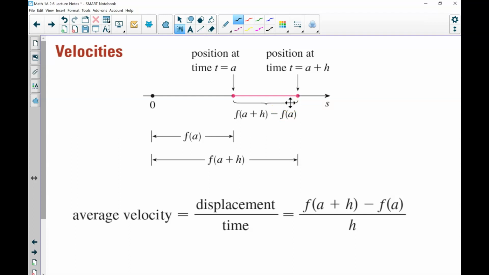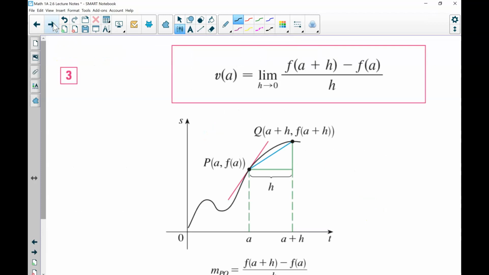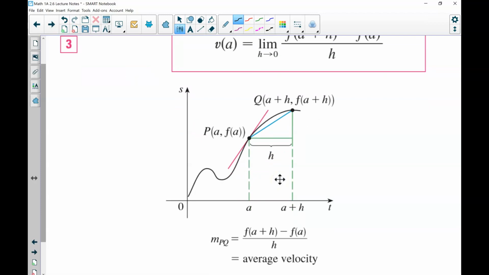Therefore, the average velocity over this time interval is displacement over time, which is f of a plus h minus f of a over h. Now, this is the same as the slope of the secant line PQ in this figure here.